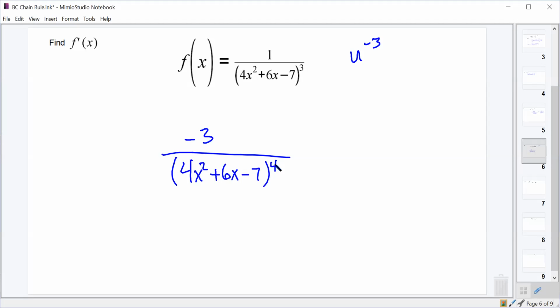And then we need to multiply by the derivative of u, which is 8x plus 6. And if you want to factor out the 2 from the numerator and make it a negative 6 times 4x plus 3, that's great, but no real reason to do that. Everybody good?